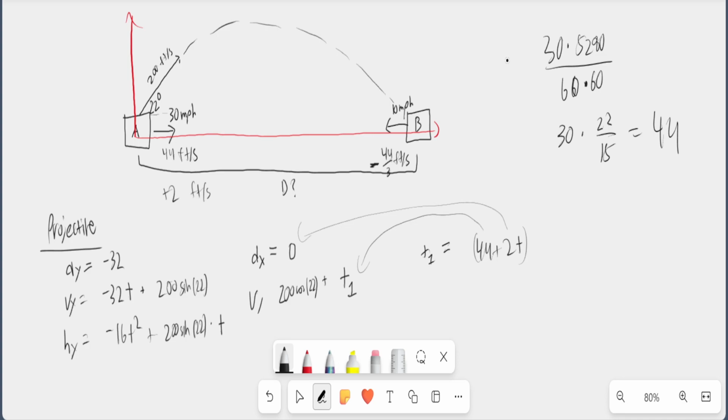So actually no, this is correct, right? But we would treat this as a constant. That's why I didn't directly put it in. When we find x, it would be 200 cosine 22 plus t1 times t.